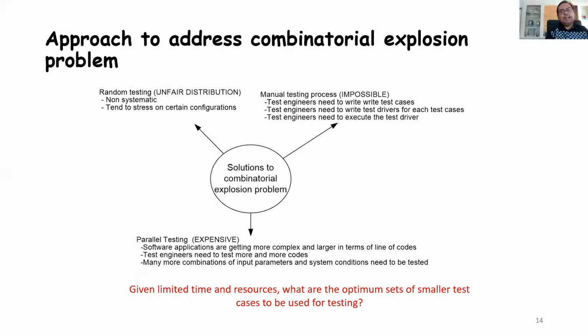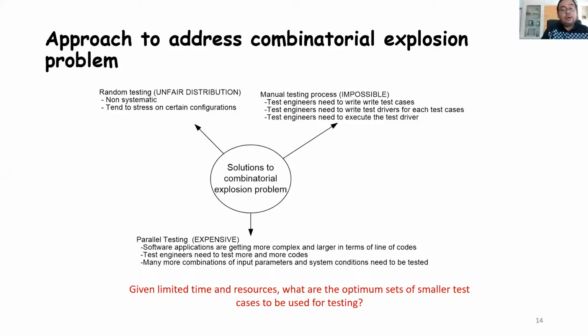You can do manual testing, but manual testing is impossible because it takes 559 years, for example, just for the view tab to be tested. You can also do parallel testing, but parallel testing is getting more complex as lines of code are increasing year by year. So given limited time and resources, what is the optimal set of smaller test cases to be used for testing?